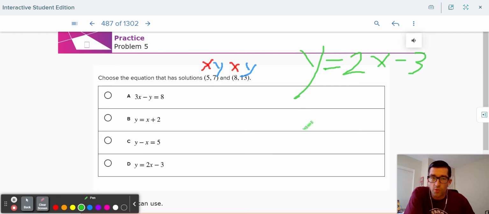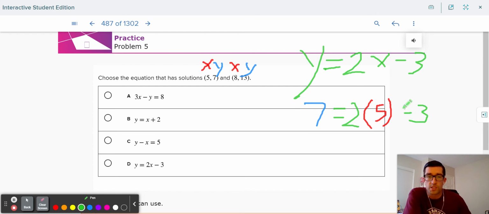So for the first one, y is 7, so now I'm going to have 7 here, and that's going to be equal to 2 times x, but x is 5, so I'm going to plug 5 in here, 2 times 5, and that's going to be minus 3, right? So the only thing that changed was the 7 and the 5 for the y and for the x.